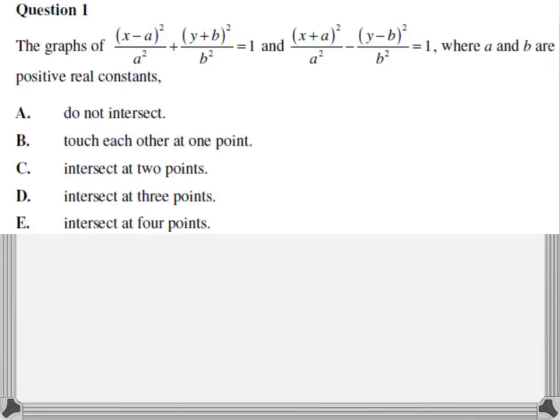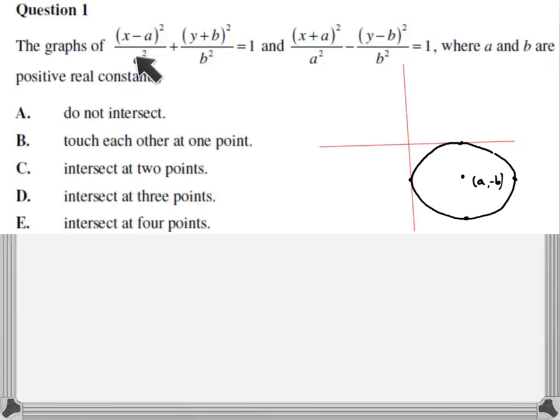So let's get a general sense of what the graphs are going to look like. So on our Cartesian plane, there's our ellipse. So from this, from the equation, we've got a center of a positive a for the x and a negative b for the y, taken from this equation.